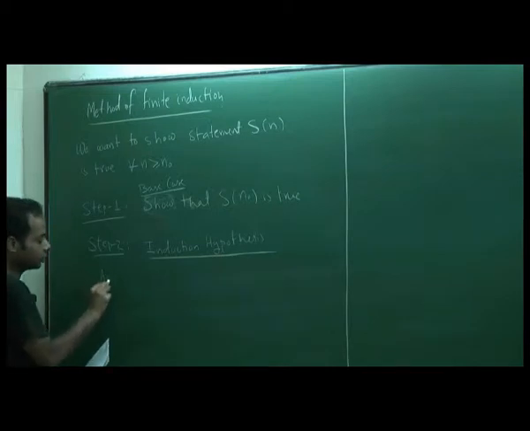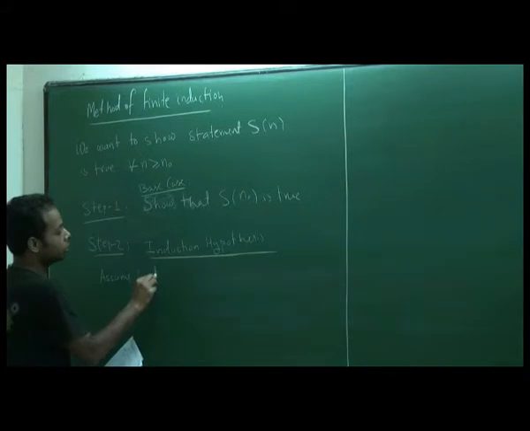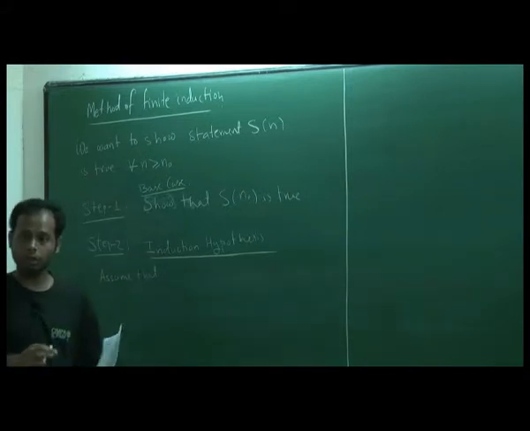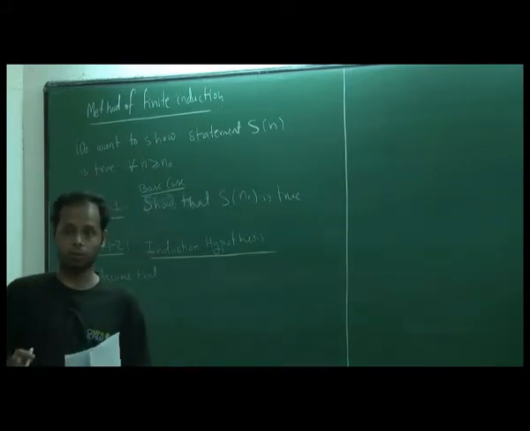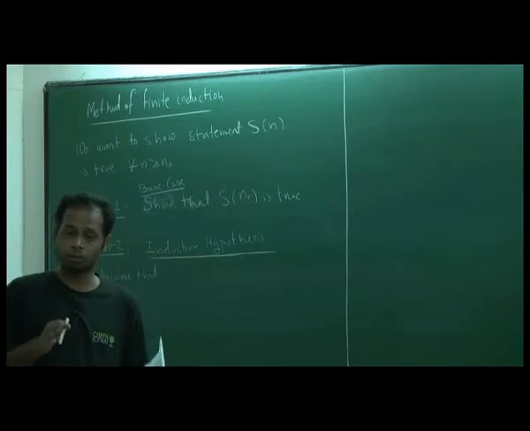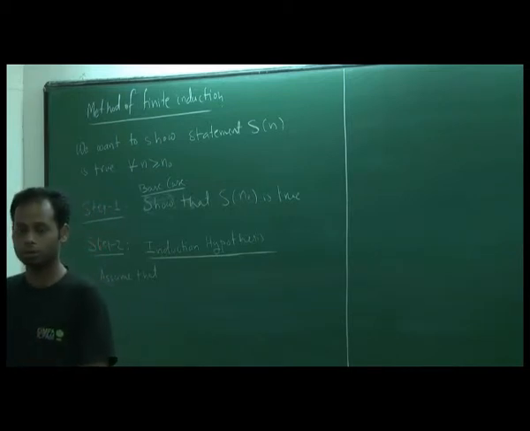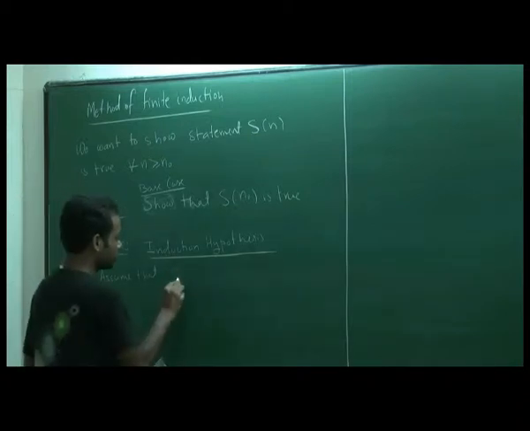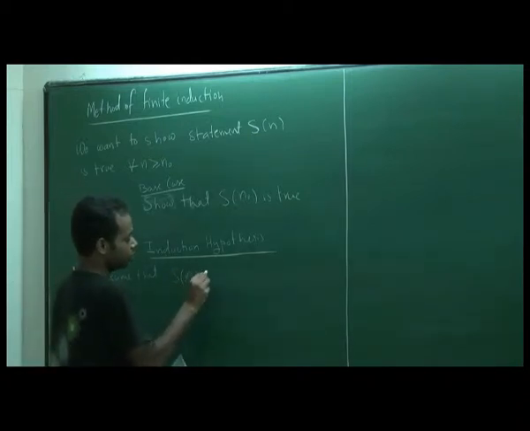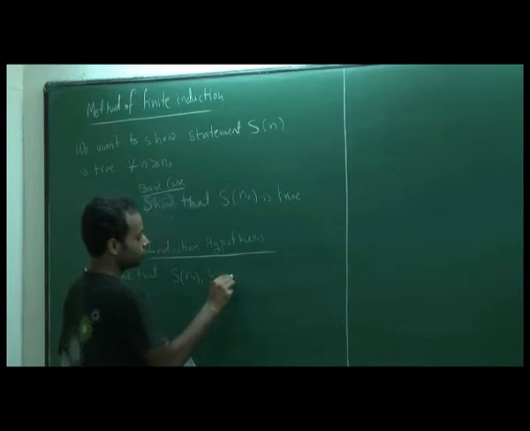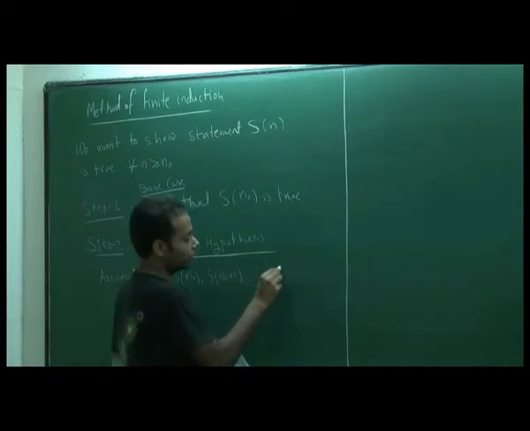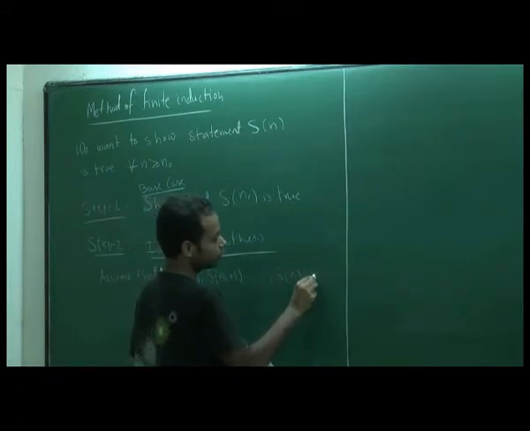Assume that it is true for n; you can also assume more. You can assume that it is true for S of n naught plus 1, and so on up to S of n are true.